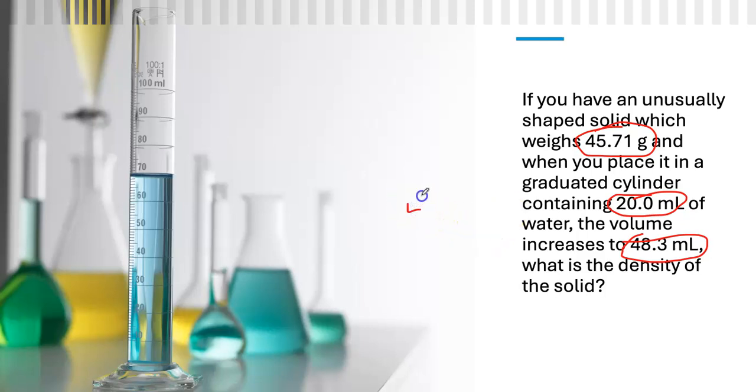So I'm going to take that 48.3, the final volume here, and I'm going to subtract my initial or starting volume, which was 20.0 milliliters. Now keep in mind, 20.0 has 3 significant figures in it, so that is super important.